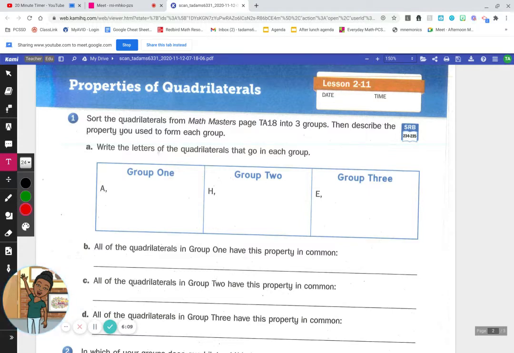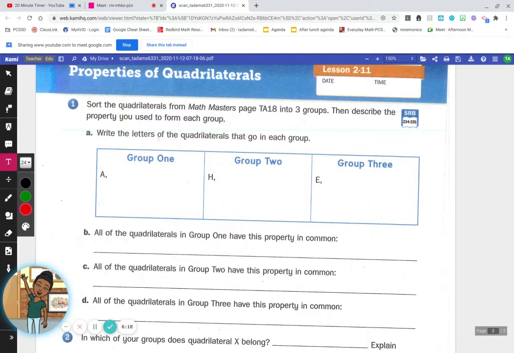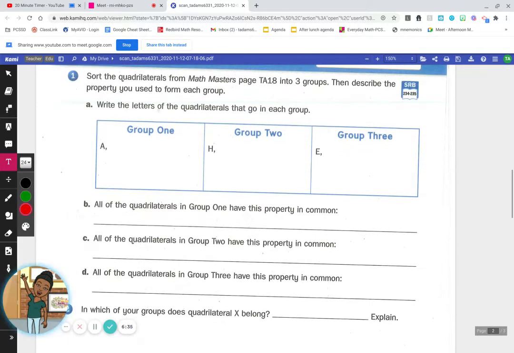There's nothing that we have to write on the first page. We are using it for reference. Everything we write about quadrilaterals will be found right here on the second page. Our objective here is to sort the quadrilaterals from Math Masters page T18, the page up top, into 3 groups, then describe the property that you used to form each group.